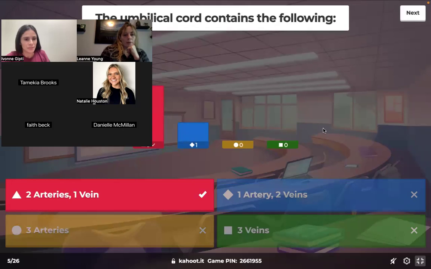Yep, so the umbilical cord contains two arteries and one vein. That is really important to know. You guys should definitely be able to tell us that, okay? Two arteries and one vein in your umbilical cord.